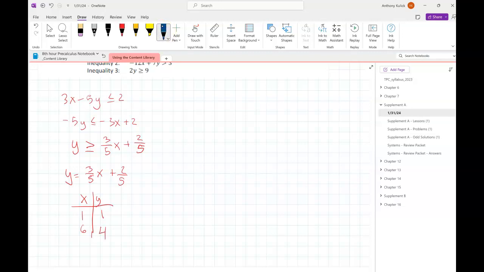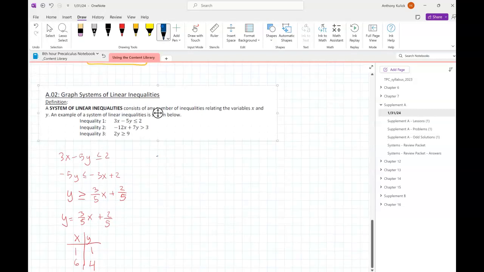That'll be 4. Again, could you use decimals if you wanted to? Sure. But I'm going to pass if I don't have to. I'll pass on fractions if I don't need to use them.